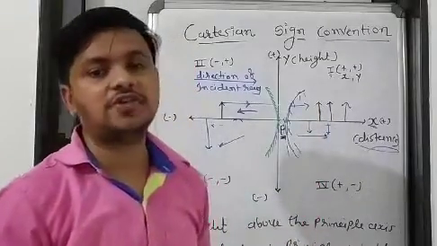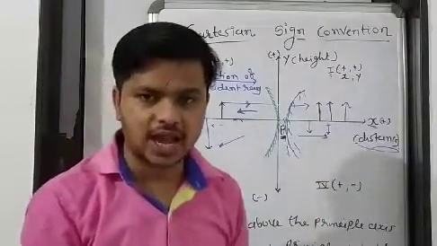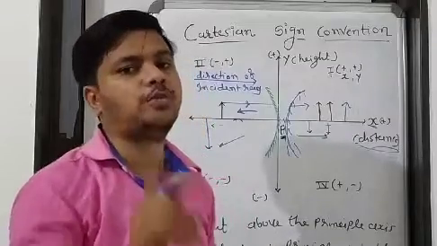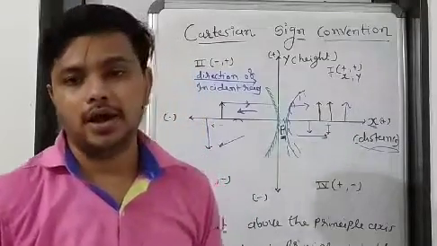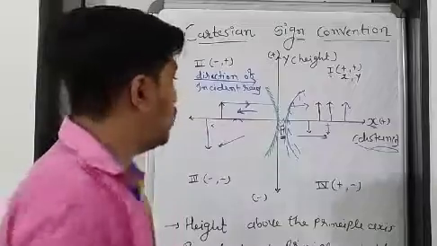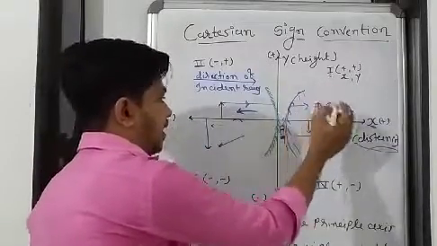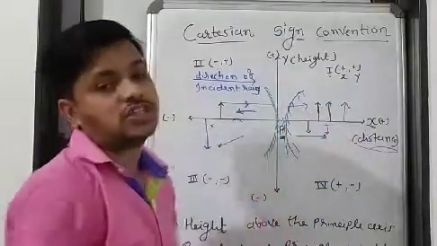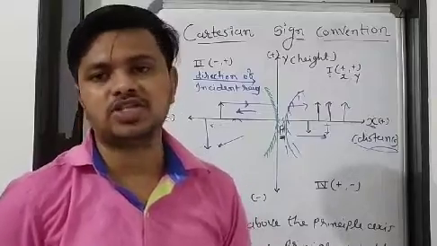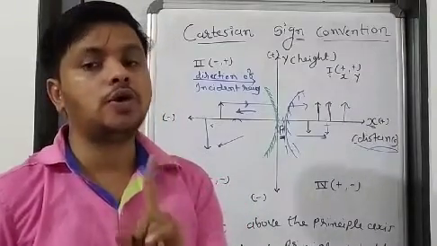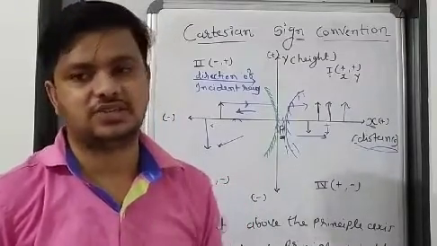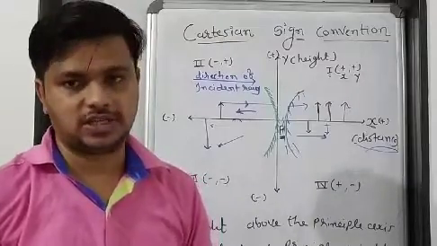If the reflecting surface is on the left side, then only you can put an object on that side. Otherwise not. If you put an object on this side, the reflecting surface is on the other side, then how can the image form, right? So you have to put an object on the side of the reflecting surface.